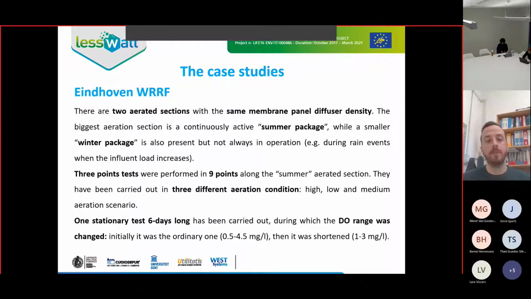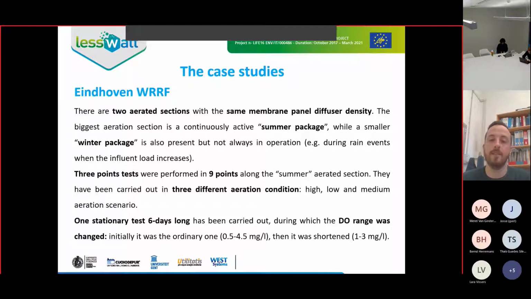About the typology of tests, there are 2 aerated sections. Another observation regarding the aerated tank, about the aeration system: there are 2 aerated sections with the same membrane panel diffuser density.